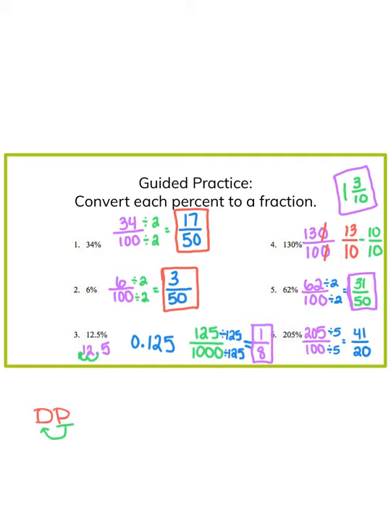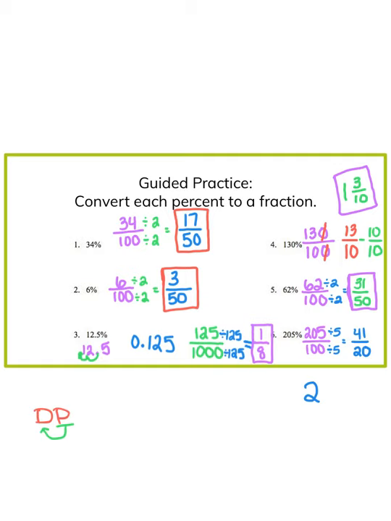So if I need 20 parts, my denominator, to make a whole, and I have 41 parts, I need to figure out how many times 20 can fit inside of 41. Well, 20 times 2 is 40. So I know that 20 can fit inside of 41 2 times. So that would be my whole number. 2 times 20 is 40.